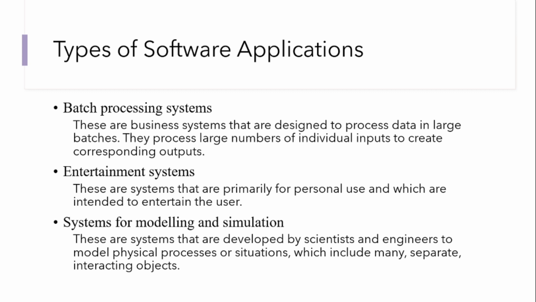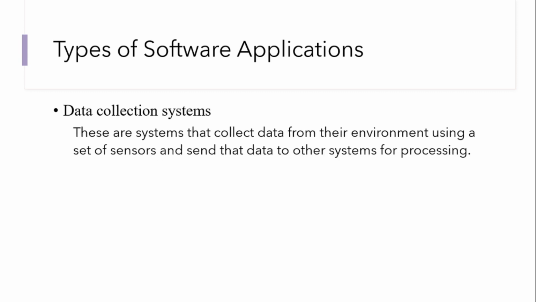So we can talk of car simulation applications. Such systems have been designed such that when using them, it works as if you are actually in the real-world object. So we can talk of 3D games. If you are playing 3D games, you play it as if you are actually in the game, and all activities happening are within your presence. So such are the systems for modeling and simulation.